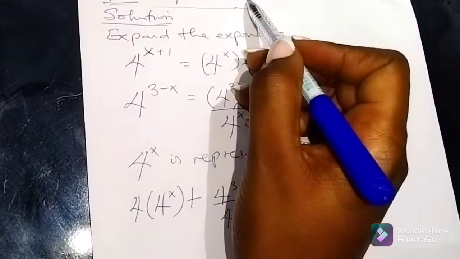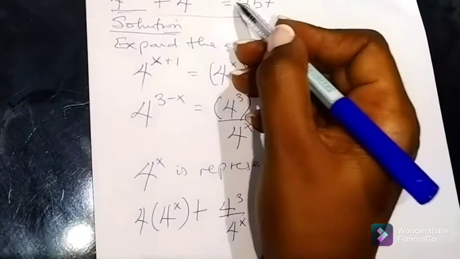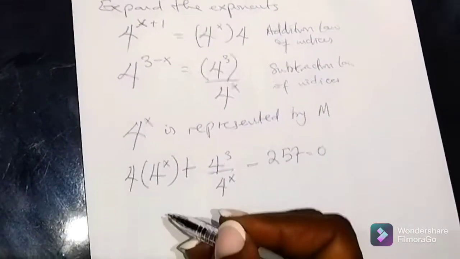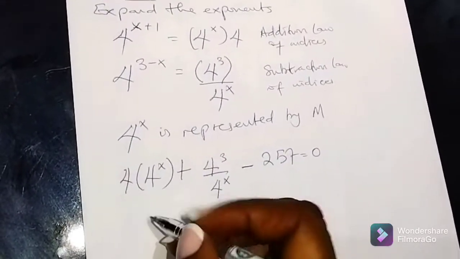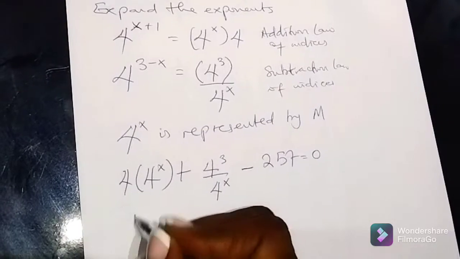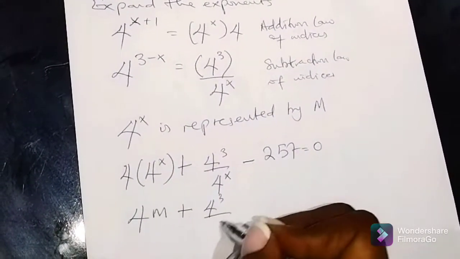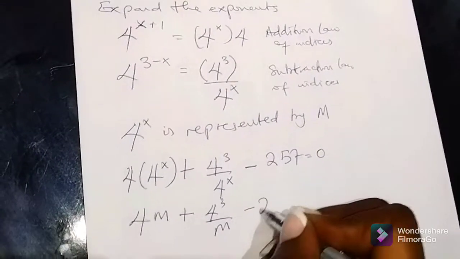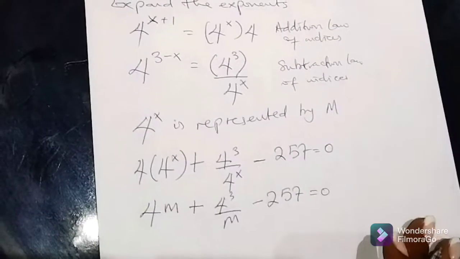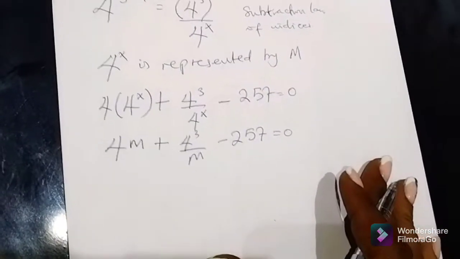I simply moved 257 from one side of the equation to the other, so it became negative. If we represent 4 raised to the power x by m, we have 4m plus 4 raised to the power 3 over m minus 257 equals 0. Hope you can see that very clearly.